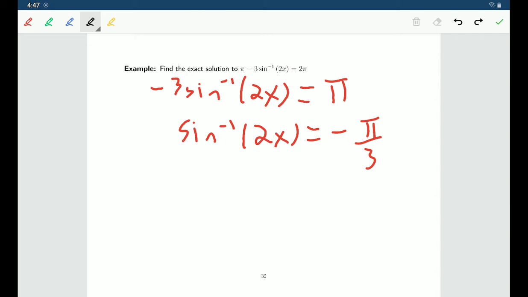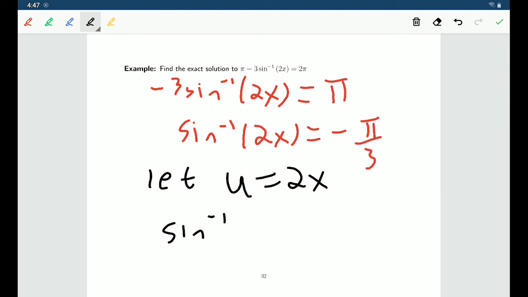Before I do that, I'll do a little substitution, because it's not just sine inverse of x, it's sine inverse of 2x. So I'll make a little note to myself that I'm going to replace 2x with u. So we have sine inverse of u is equal to negative pi over 3.